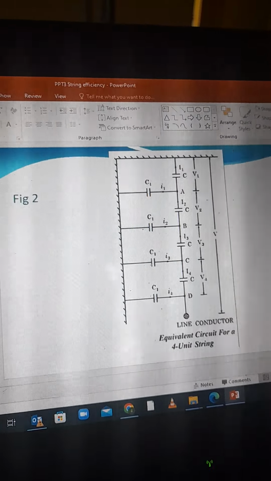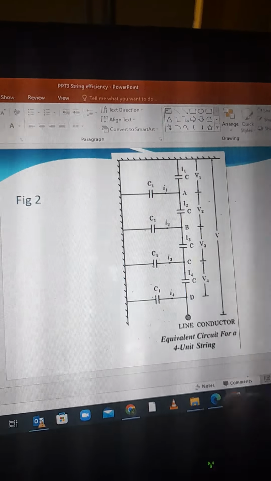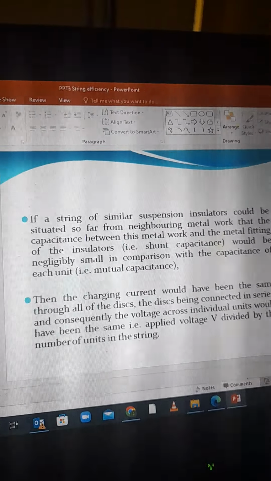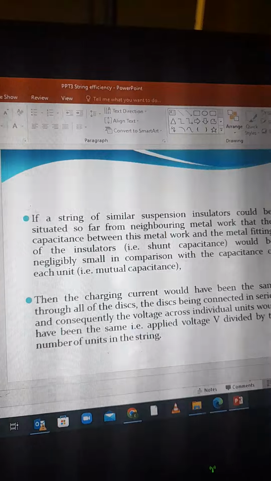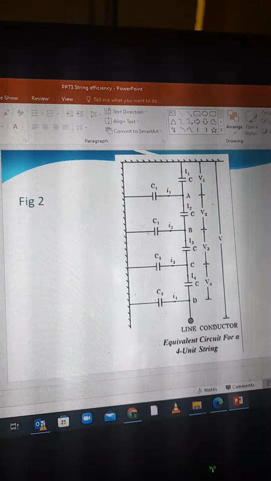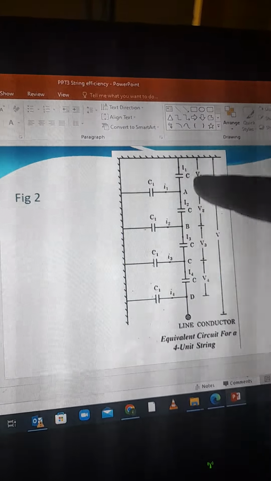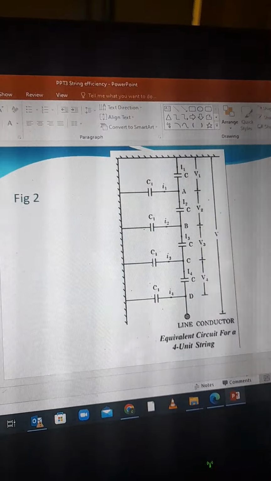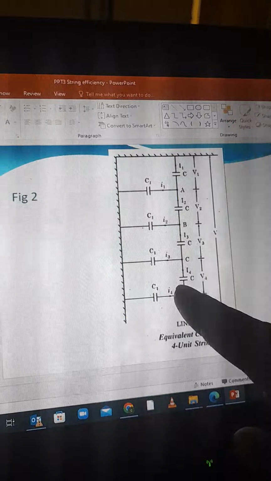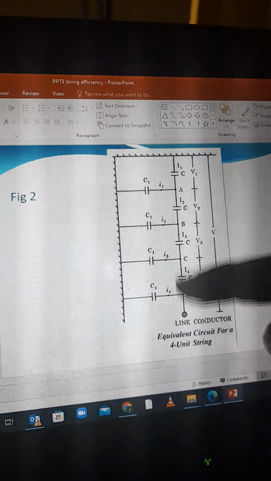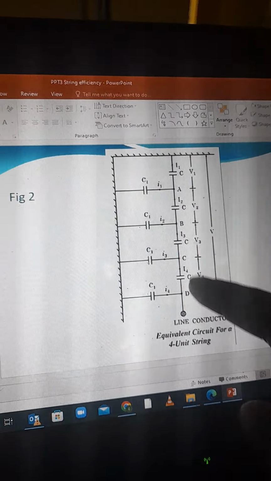The voltage at the lowermost part is this voltage V4. So when we find the voltage across the string, we divide by the number of discs, in this case 4 times V4.